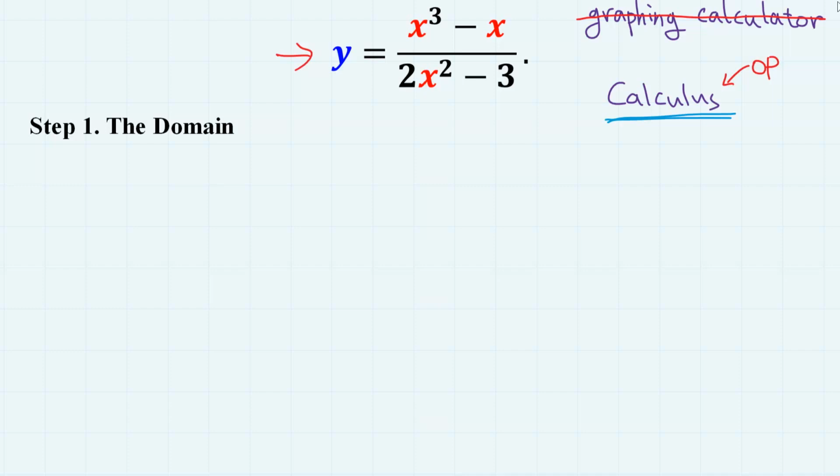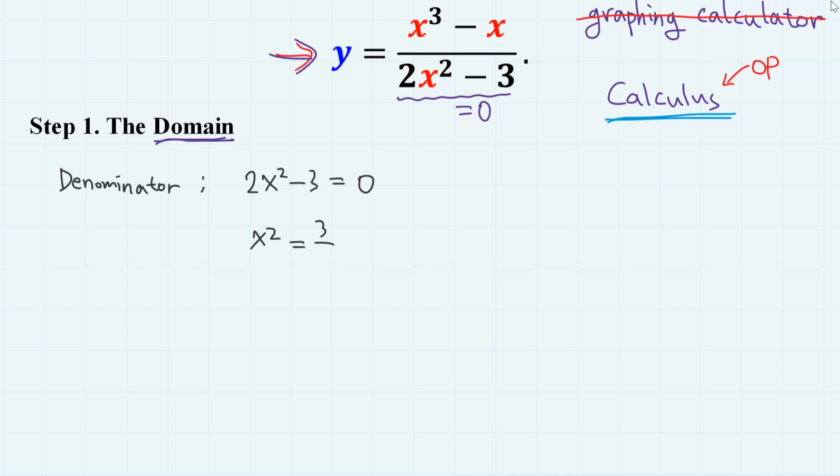First, before differentiating the function, we must properly understand the domain of the given function. The function right here is not particularly a weird one, but we still know that the value of the function does not exist when the denominator is 0. And the denominator is 0 when 2x squared minus 3 equals 0, so x squared equals 3 over 2.